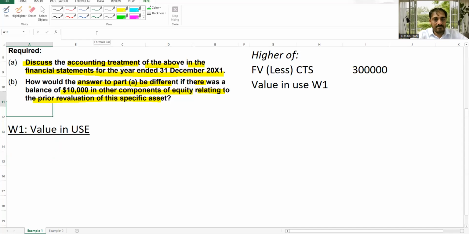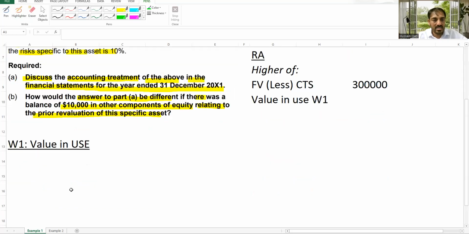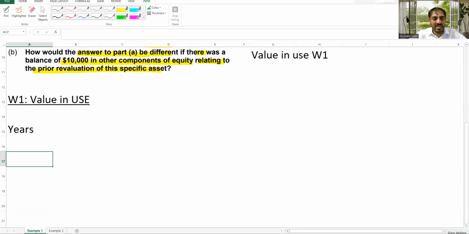For example, the remaining time period. How much is the remaining time period mentioned? That's the next 2 years. The cash flows are 200,000. So we will consider year 1 and year 2. Be participative with me, I really appreciate that.